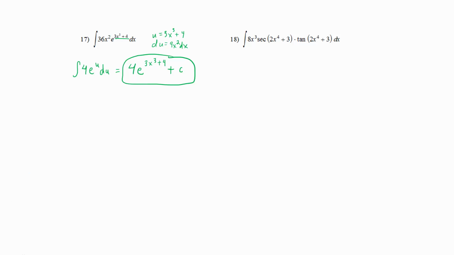On 18, this has trig functions, and u is going to equal what's inside of our trig functions. Fortunately, it's the same for both, otherwise this would not work out super well. So when I take the derivative, that's 8x cubed, which is exactly what's in front, so that's just going to go away completely.